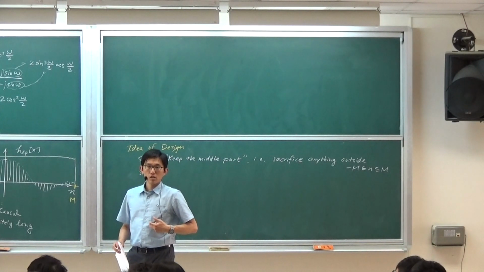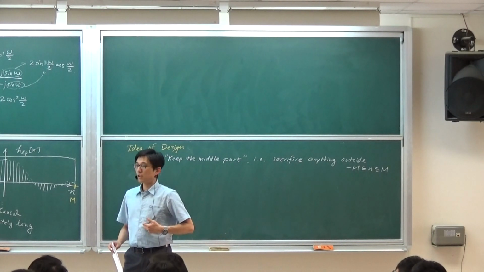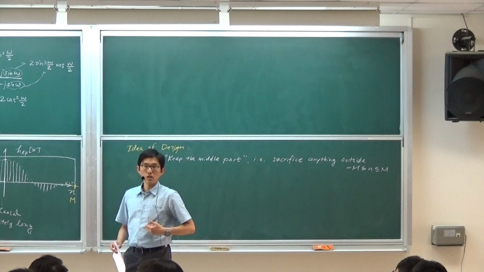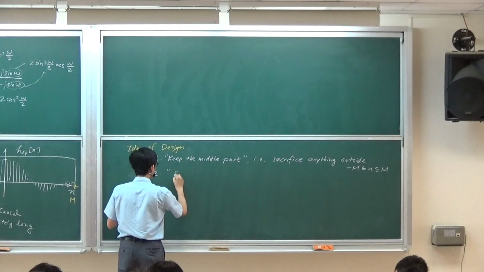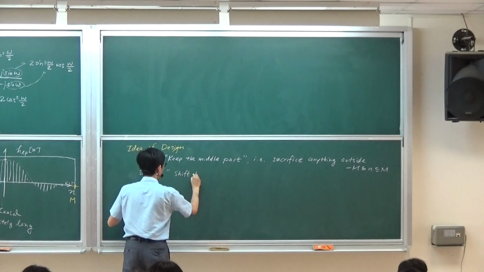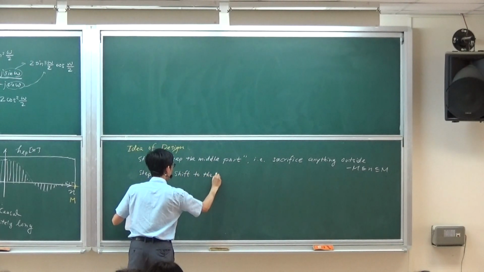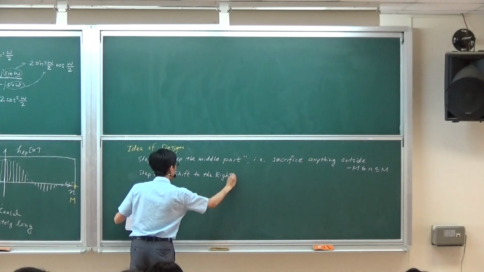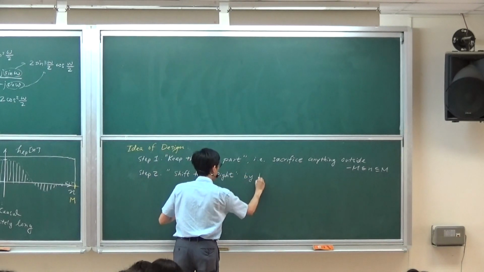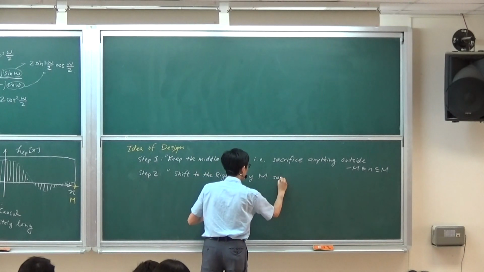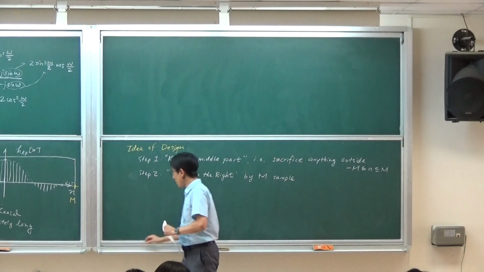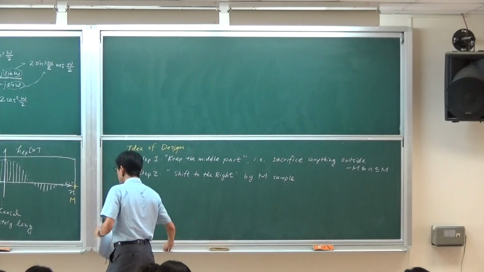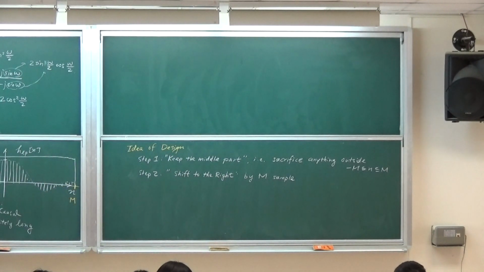So what should we do? Just simply shift the filter, okay? Shift to the right. So the second step is just to shift to the right by how much? By N samples. We define the origin of our time. So after shifting, equivalently, we are shifting the time axis to the left by N samples.